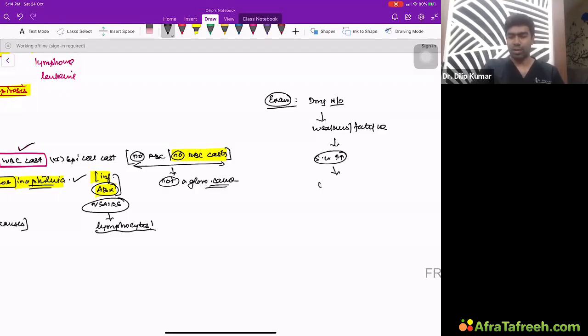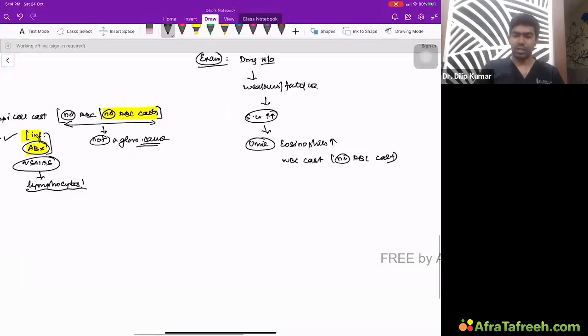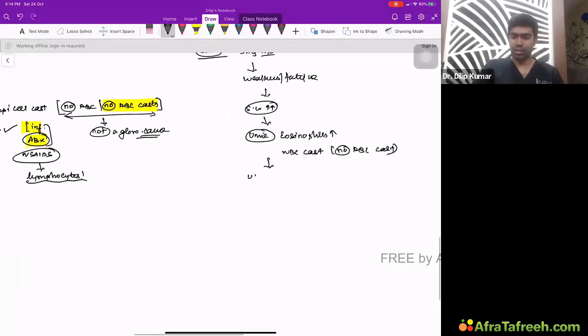In the urine, most of the time they'll tell you urine eosinophils are increased, or the urine shows a WBC cast but there is no RBC cast. They'll also give an ultrasound that looks completely normal, so the kidneys are not showing any problem. So this patient has AIN by default.